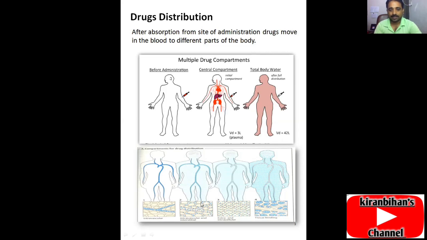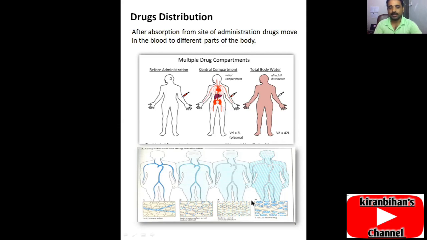And there are certain water-soluble and hydrophilic drugs, so they can remain only in the extracellular fluids, like aminoglycosides, which have approximately 13 liters volume of distribution. So that is a moderate volume of distribution.